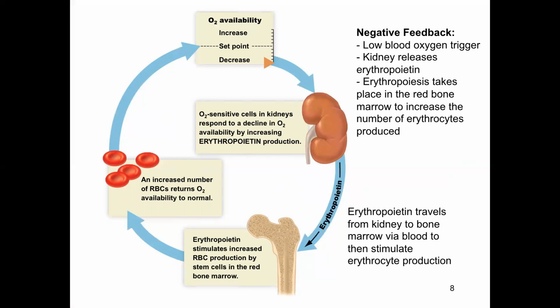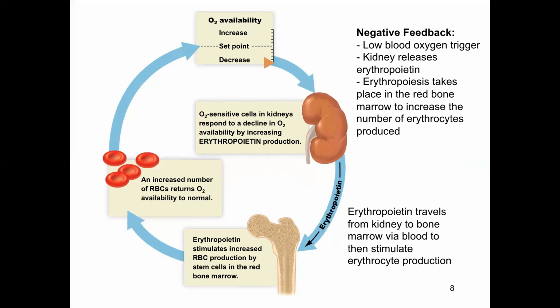And it works through the classic negative feedback system. So we have a certain amount of oxygen carrying capacity that we need in the blood, and that is our set point. And if our oxygen levels drop, there are cells within the kidney that are sensitive to the amount of oxygen that we have in the blood.